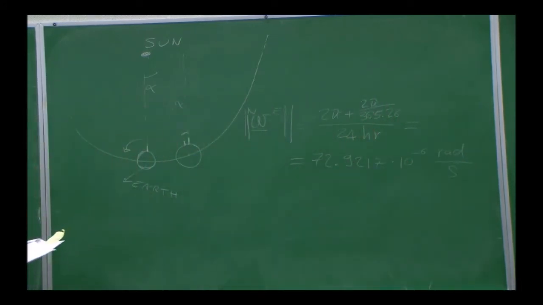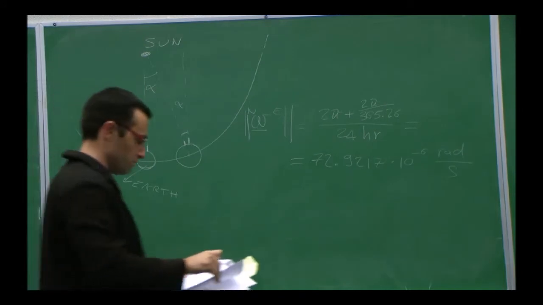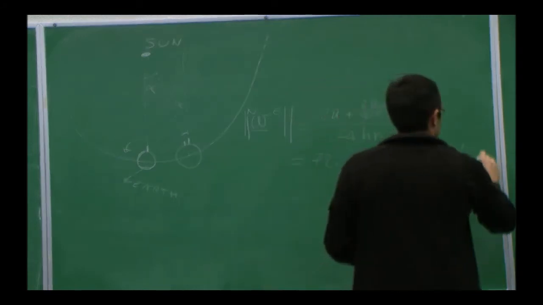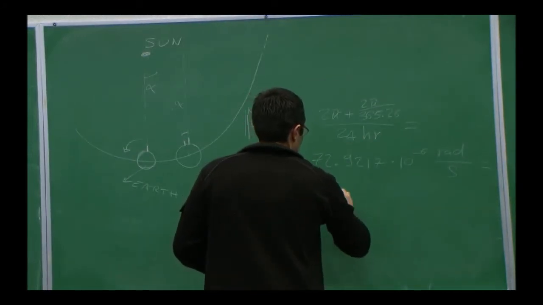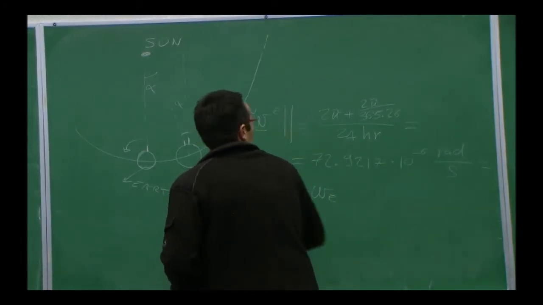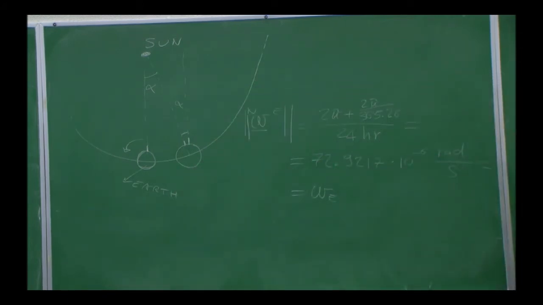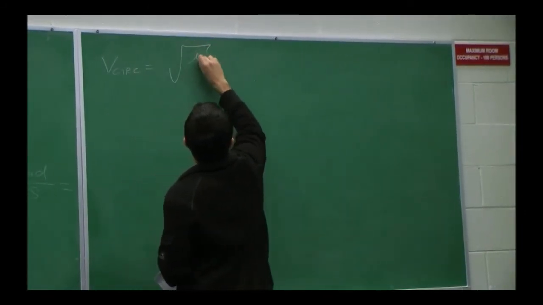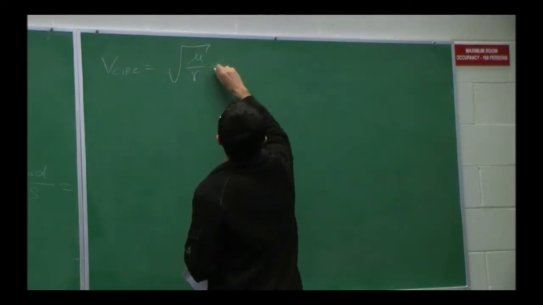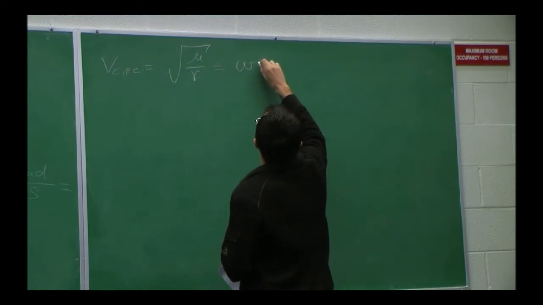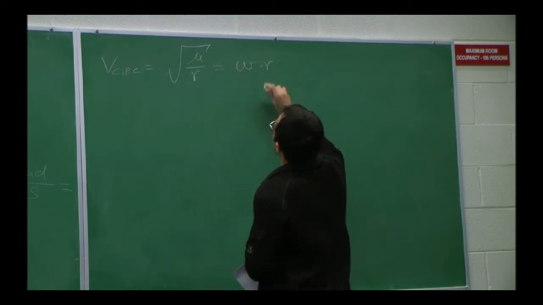Okay. So that's what I want to match with my circular orbit. So let's just call this, it's a scalar, right? It's just a norm. Let's call it omega e. Well, then I know how to design a circular orbit. The velocity on a circular orbit is square root of mu over r, which is also equal to omega times r.